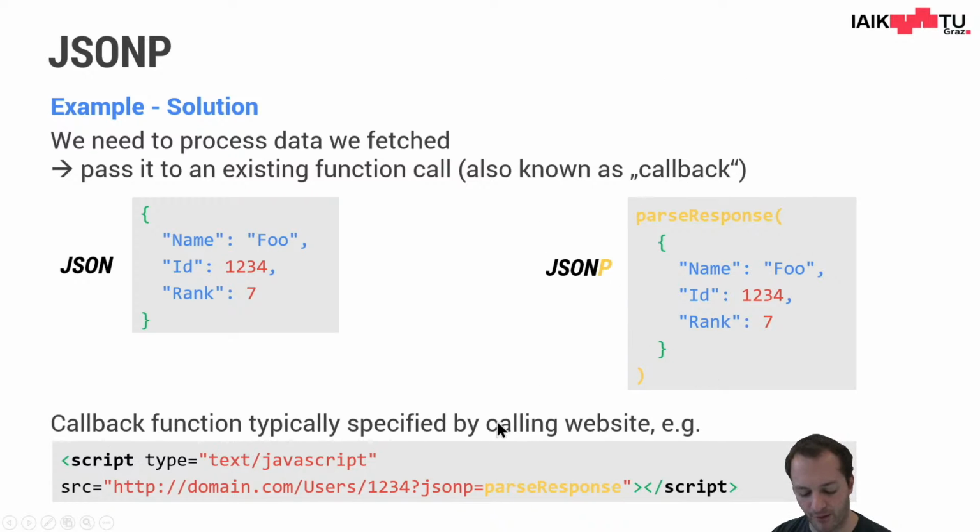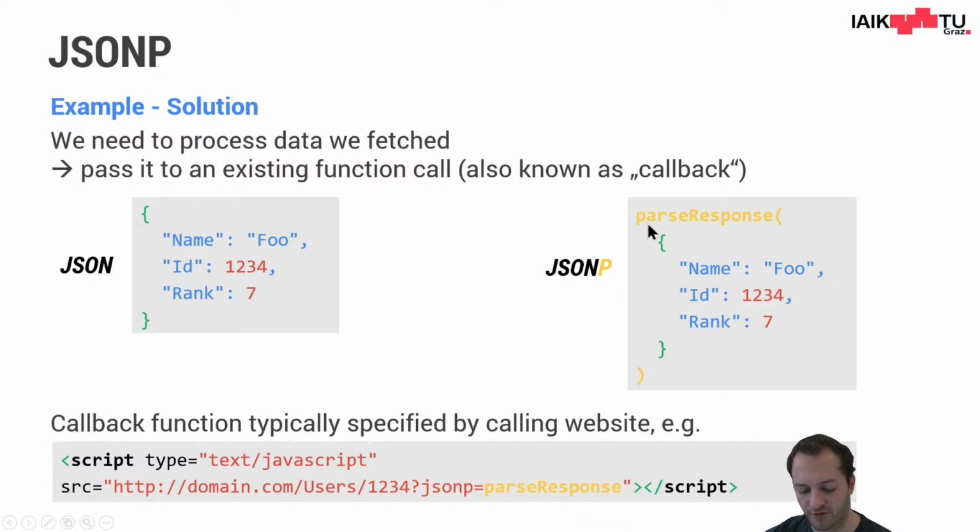So what happens if a website includes such a request? Well, the browser would load it and then look for whether it knows this function, parse response, from another include, for example, or from a JavaScript that's regular on a website, and then pass this, what you see here in the green brackets, a JSON object, as an argument.